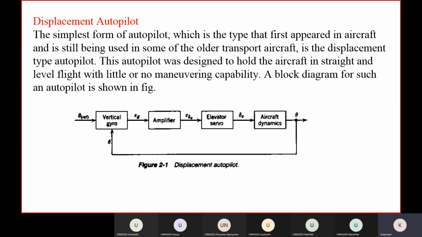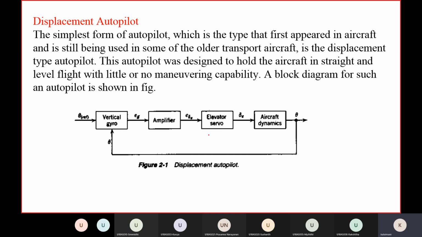Mainly this type of autopilot was designed to hold the aircraft in straight and level flight with little or no maneuvering capability. So this is a block diagram for such a displacement autopilot. If it is used to overcome the disturbance it causes in the pitch motion, then it is called a pitch displacement autopilot.